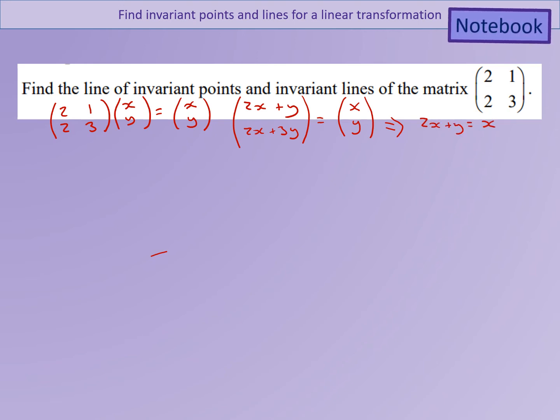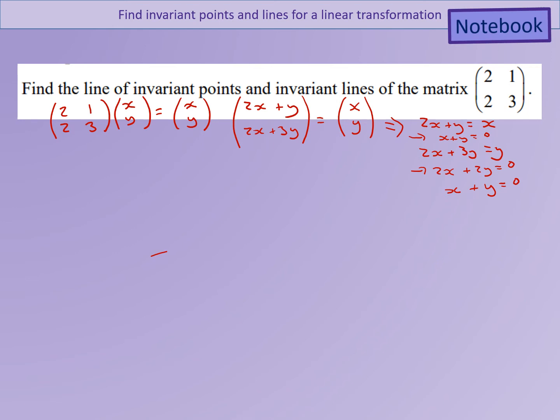The bottom row gives us that 2x plus 3y equals y. Rearranging each of those, the first one becomes x plus y equals 0. The second one becomes 2x plus 2y equals 0, which is just a multiple of the first one, x plus y equals 0. So we've got the same thing twice.